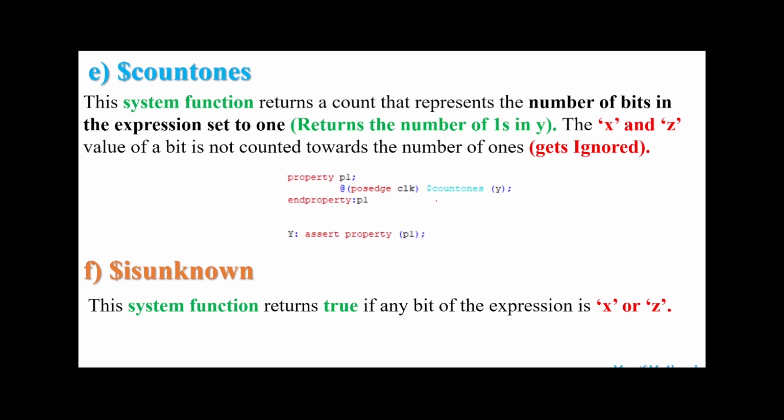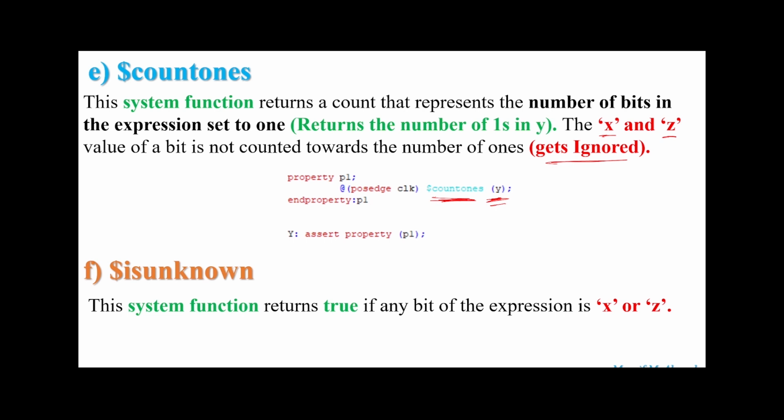Let's say if we are writing $countones of the vector at every passage of the clock, it will return the number of ones in this signal or variable. And if there are unknown or z bits, those will not be counted by this $countones system function.